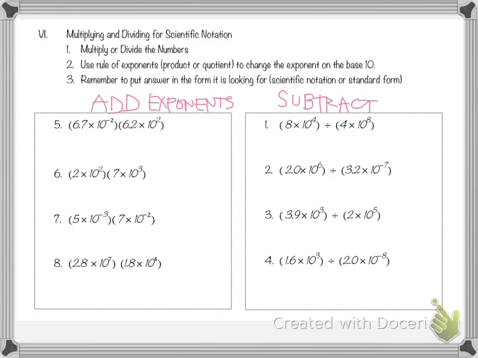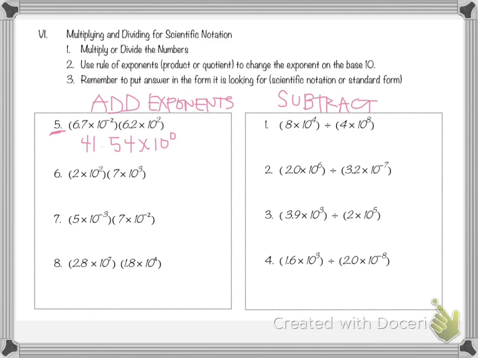So we'll multiply, so let's look at this 5 here. So 6.7 times 6.2 is going to be a 41.54, okay? And then this is going to be times 10 to the negative 2 plus a 2, which is a 0. But remember, we have to put these answers in scientific notation.